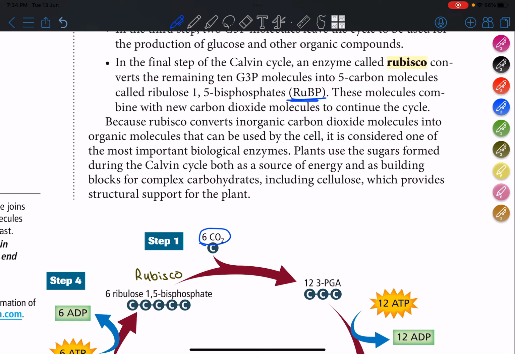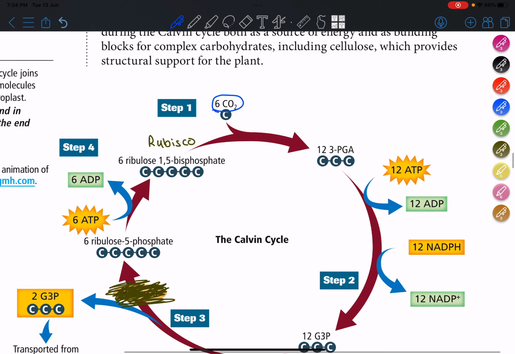So at the end of the Calvin cycle, we have Rubisco, and the Rubisco creates the 5-carbon molecule called ribulose 1,5-bisphosphate, which is RuBP. So the 5-carbon compound that the CO2 is combining with is RuBP.